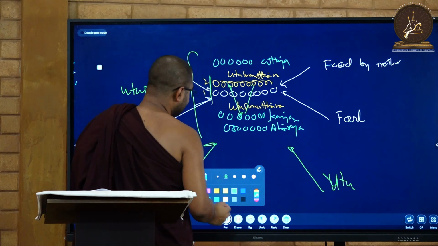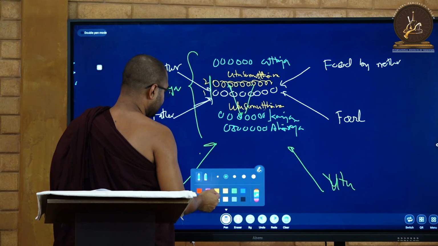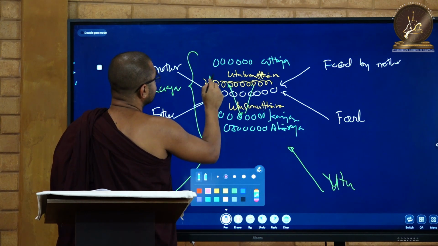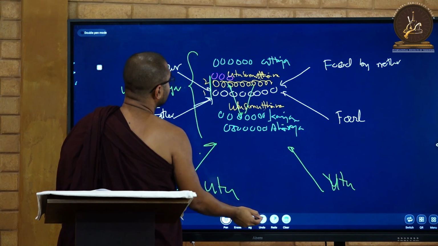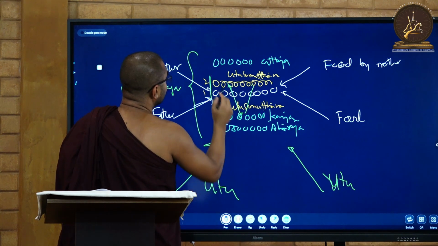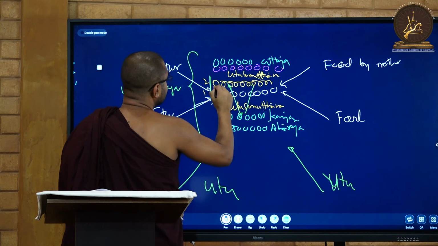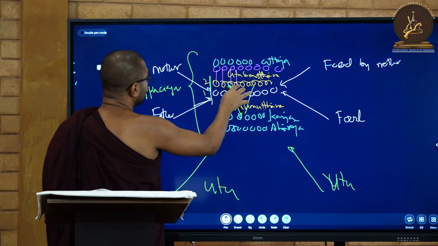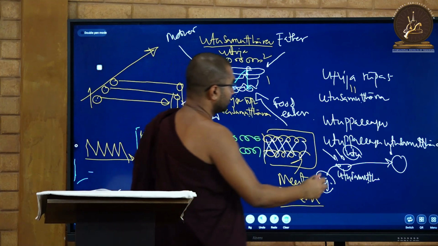When the third generation arises, I shall use another color, okay, pink. When the third generation arises from them, these Rupas have arisen from Utusamuttana Rupas that also become Utupachya, right?